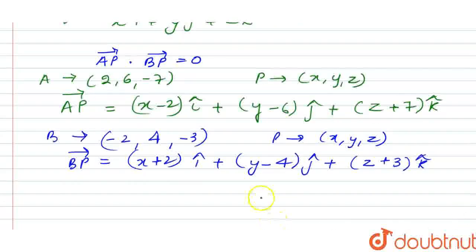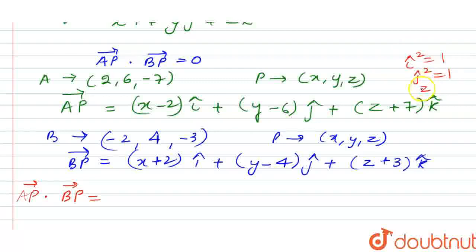Now we will do the dot product of AP and BP. So AP dot BP will be x minus 2 into x plus 2 times i cap dot i cap. I cap square is 1, j cap square is also 1 and k cap square is also 1. So from multiplying these two, we get x minus 2 into x plus 2 times i cap square, which is 1.